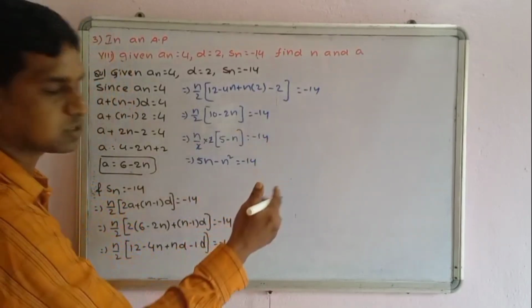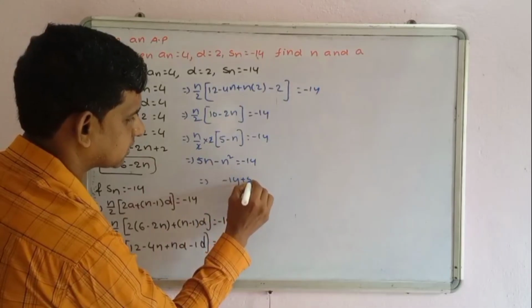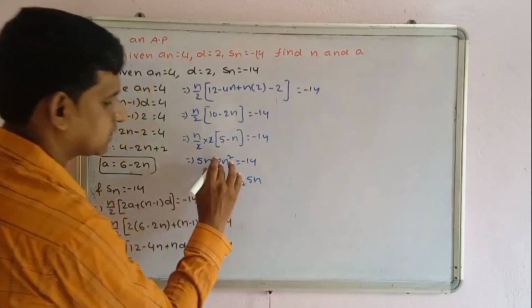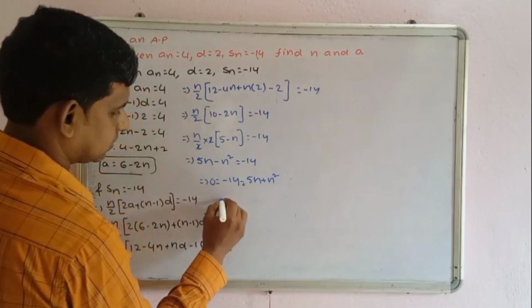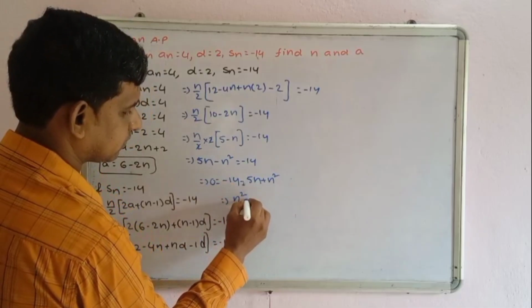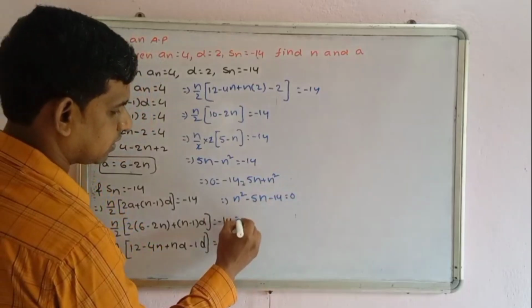Now transpose these to the right side. Minus 14, 5n transposes to the right side as minus 5n, and minus n square transposes as plus n square. Here nothing is there, 0. Writing in proper order: n square minus 5n minus 14 equals 0. Now divide into factors.